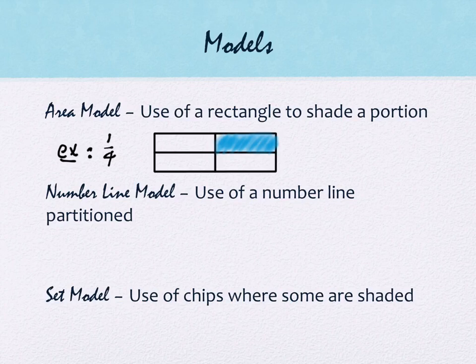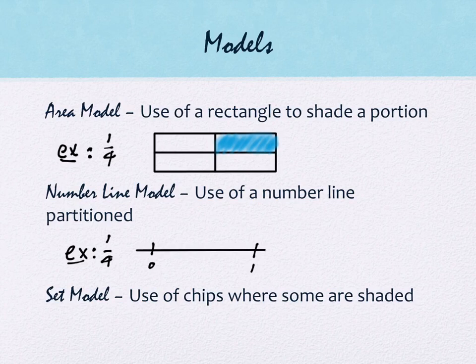The next one is a number line model. We haven't seen this one yet. This one's unique at this point. So again, we're going to use the same example of 1/4. With a number line model, we have a number line. And it starts at 0. And for the purposes of the fractions we're working with, it's going to end at 1.